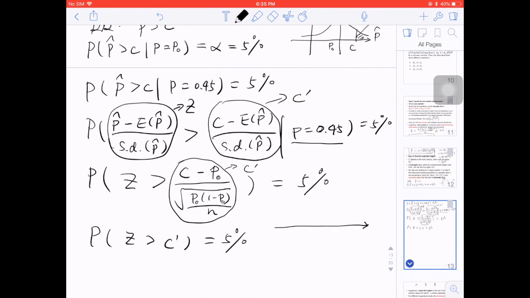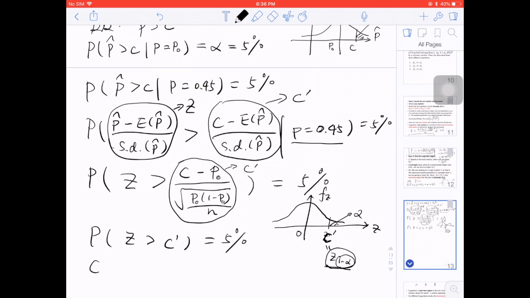From the graph, you can see it's symmetric with respect to 0, and this is my c prime. This c prime is actually just z 1 minus alpha. Alpha is equal to 0.05, so you find the corresponding value of z 1 minus alpha using the z table.